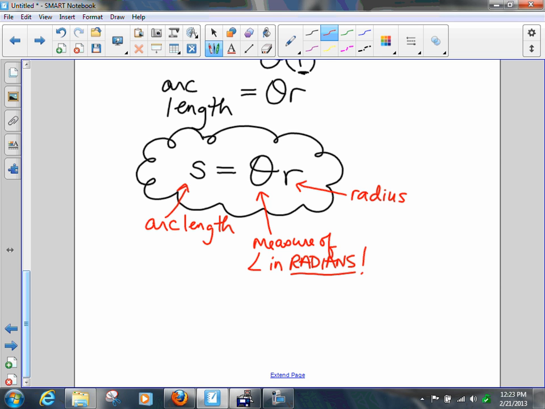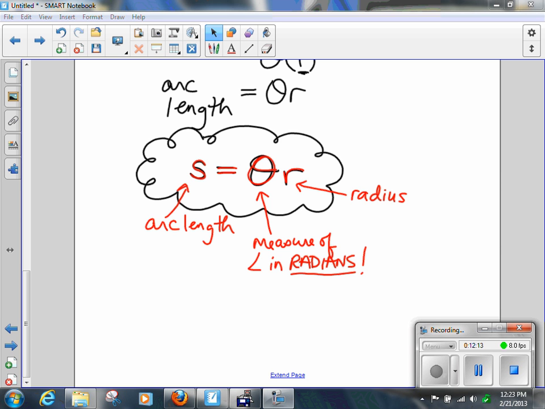If you're told it's the unit circle, then you're going to know automatically that the radius is 1. But you've got to put S is equal to theta R, which means the arc length is the measure of the angle in radians times the length of the radius. Okay? That goes on your card. Everything that I have in red goes on your card.